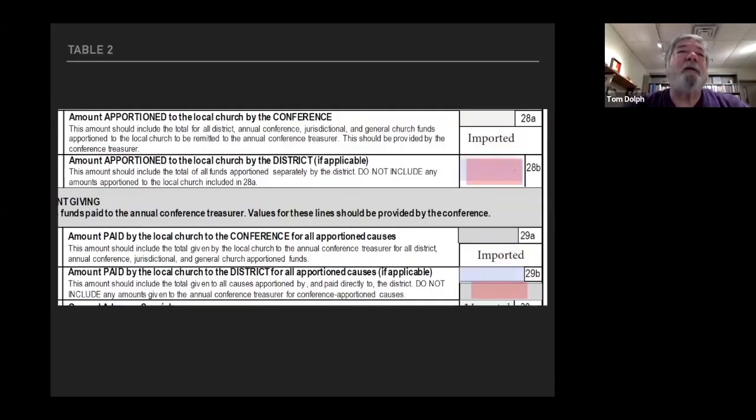The other thing to note is that for line 24, there are not district apportionments. So this line will be blank. Your district apportionments are a line item of your conference apportionments. This was left in there this year, again, purely because we are expecting new tables in 25, and we will make that change then. But do not expect anything to be put into lines 28B and 29B.